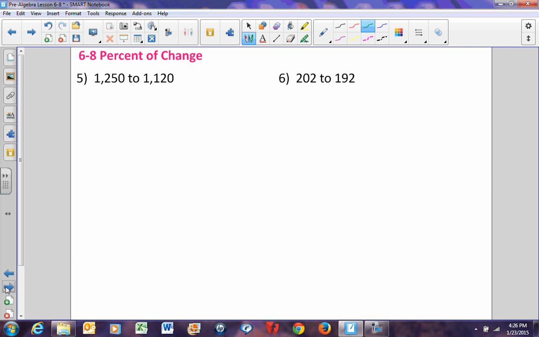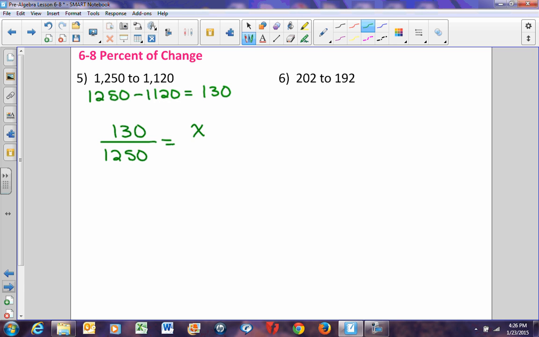Last two examples, 1250 to 1120. 1,250 minus 1,120 gives you 130. So my amount of change was 130. My original amount was 1,250.